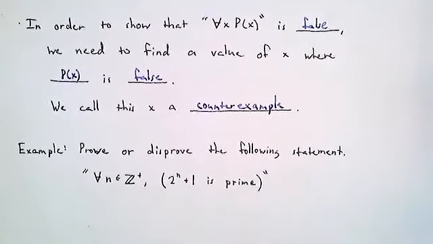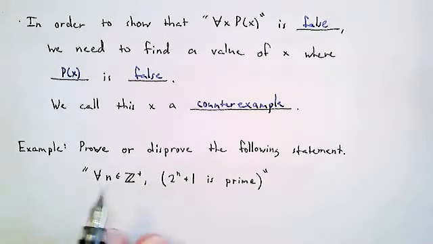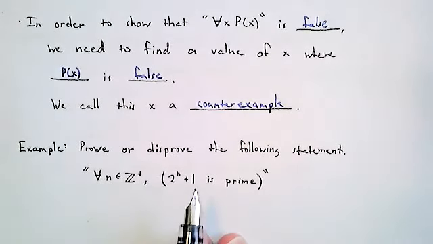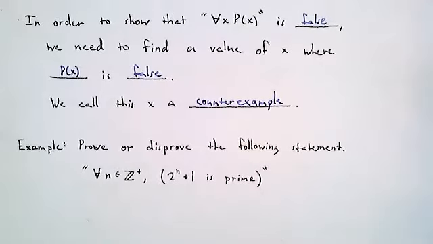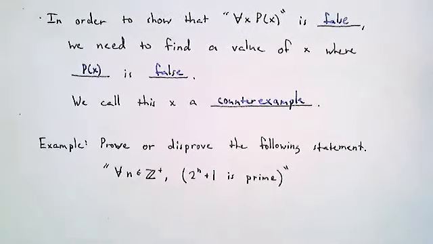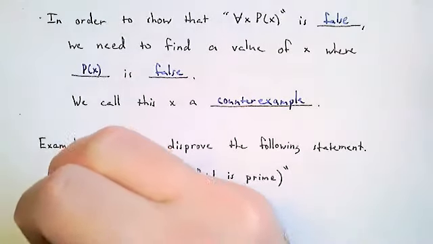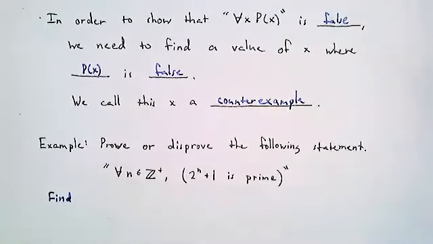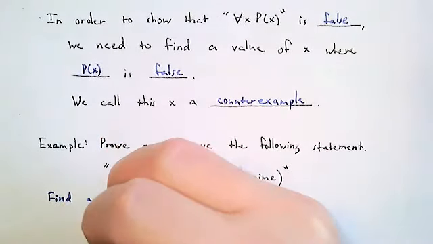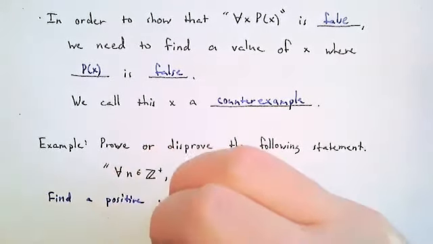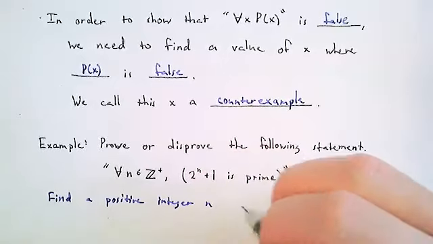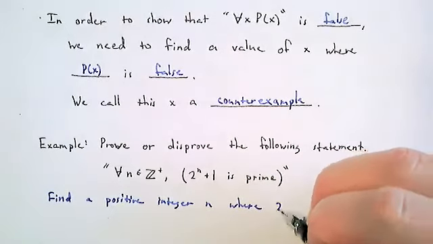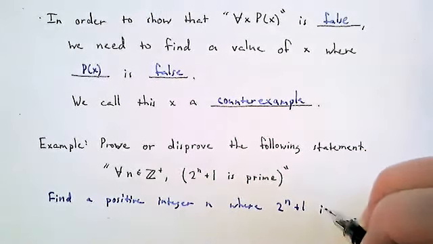So let's use that on this relatively simple statement that says for all n in the positive integers, 2 to the n plus 1 is prime. So what we're trying to do is find a positive integer n where this is false, so 2 to the n power plus 1 is not prime.